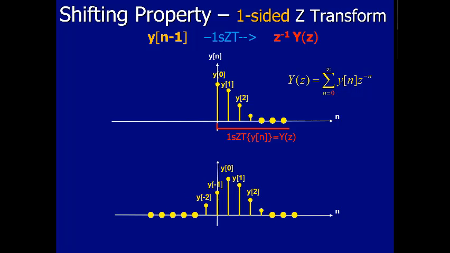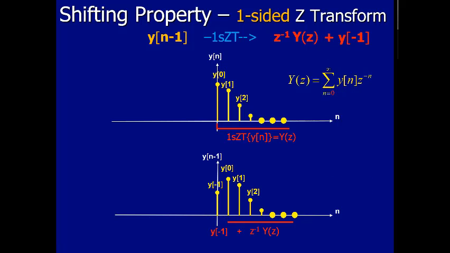Now, if I apply the shift theory to that, I'm missing that non-causal sample that was at n equals -1 that's now shifted into n equals 0. Just applying a z to the -1 to my one-sided Z transform of my original function will capture most of the appropriate values, but we'll be missing the n equals 0 sample that got shifted in.